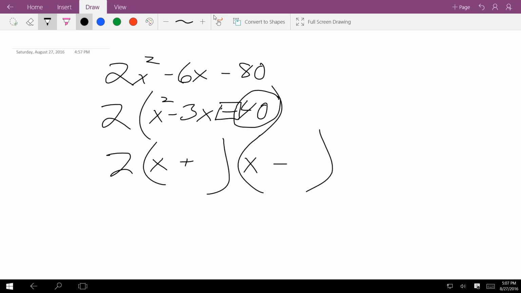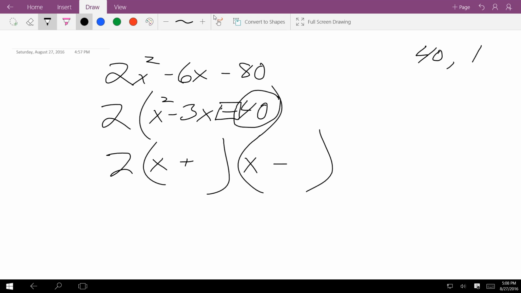Well, finding factors is a bit of a trick. Can you think of factors of 40 that subtract to 3? Let's go ahead and find all the factors of 40.